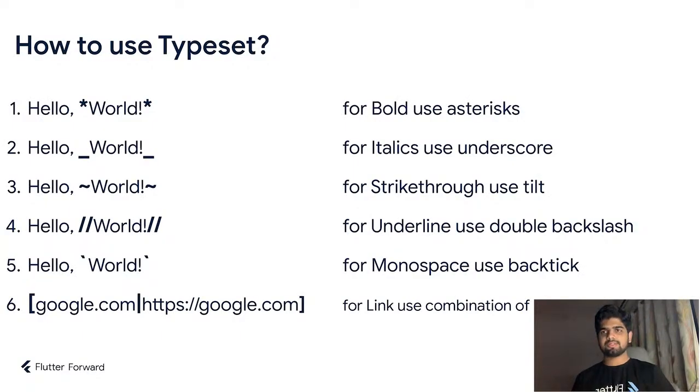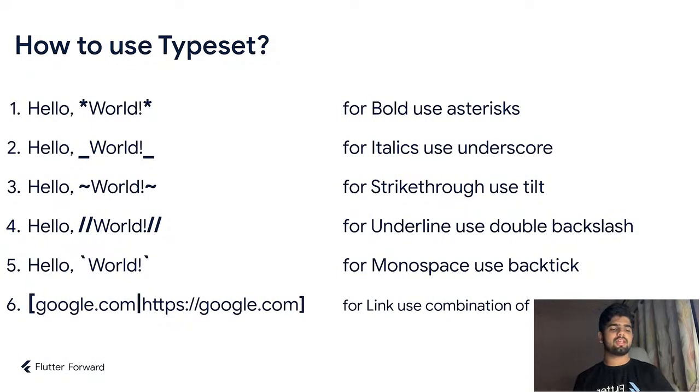So how to use TypeSet? As we all know, we all use WhatsApp, we use asterisks, we use underscores to style WhatsApp text. Almost similarly, we can use the TypeSet widget. Asterisks for bold, underscore for italics, tilde for strike through, double backslash for underline, backtick for monospace.